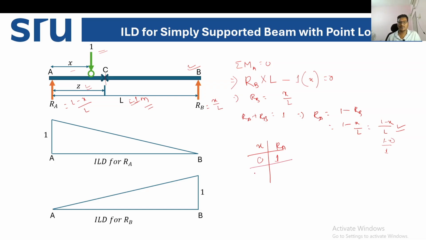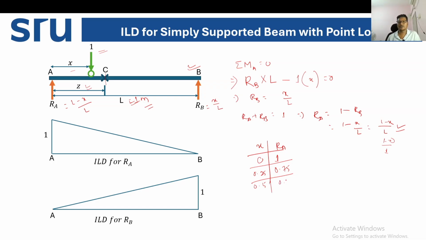Right? So if X is equal to 0.25, now put the value here, 0.25. So (1 minus 0.25) by 1, so 1 minus 0.25 is 0.75. Now put the value X is equal to 0.5.